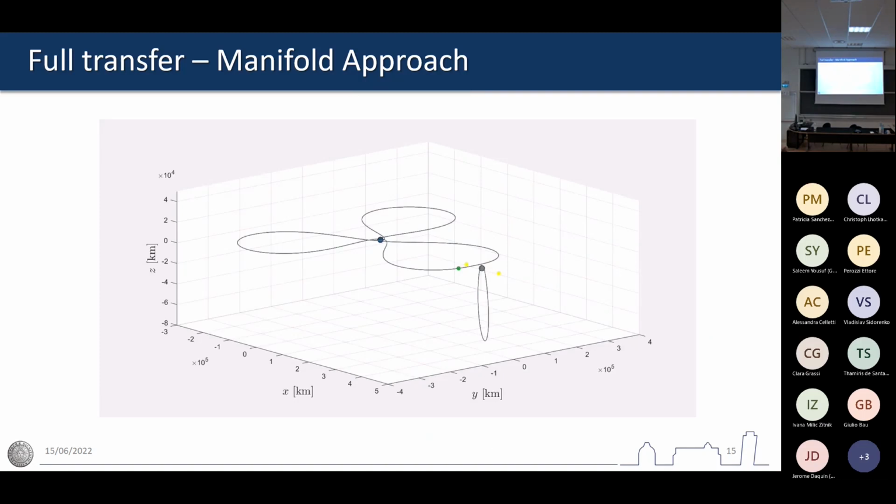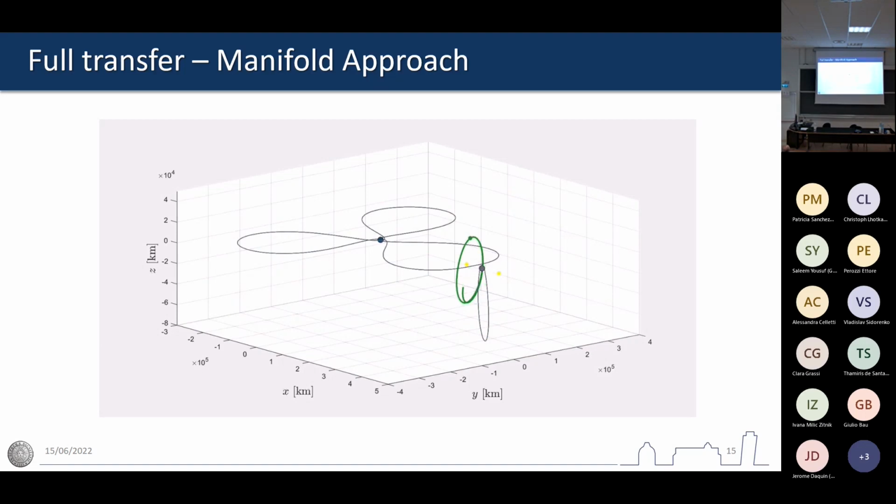Okay, so this is the video I was talking about. This is basically an example of a trajectory. We have the spacecraft that is orbiting on the resonant orbit. Then it will leave the orbit. It exploits the manifold of the intermediate orbit that you see here. It reaches the NRHO, and then it stays on the NRHO for a little while.